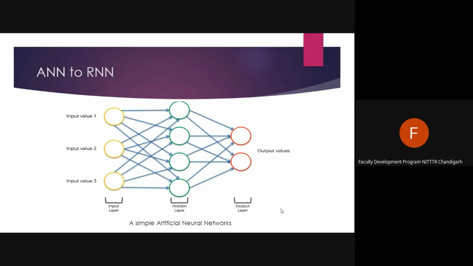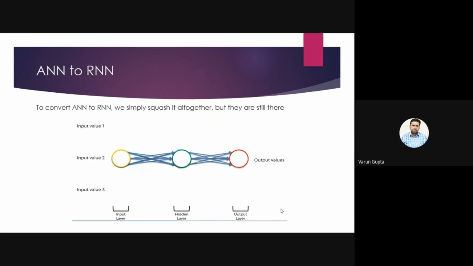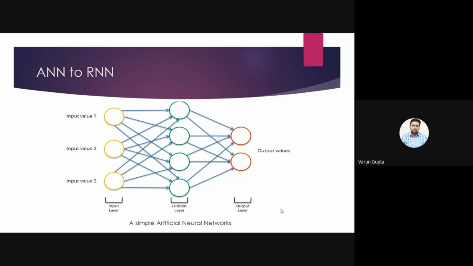Thank you. So this is a common structure of an ANN, and it will have at least three layers: input layer, hidden layer, and output layer. Now how is RNN different from this ANN? What we are going to do is squeeze this network. In the ANN you can see that all inputs have different weights; this is a different connection and a different weight.